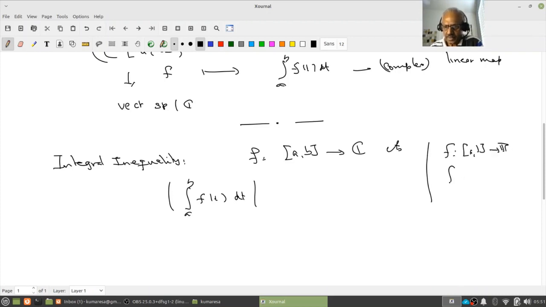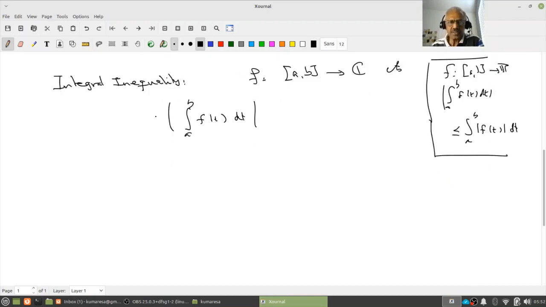You must have learned that the modulus of the integral from a to b of f(t) dt is less than or equal to the integral of mod f(t) dt from a to b. This is known from your real analysis course. We want to do a similar thing for the complex case. Okay, let's go through the proof.